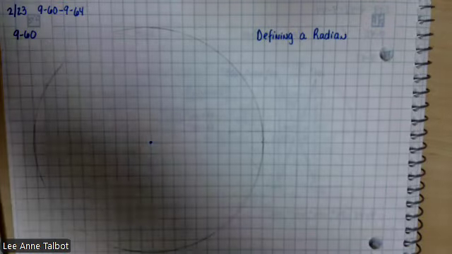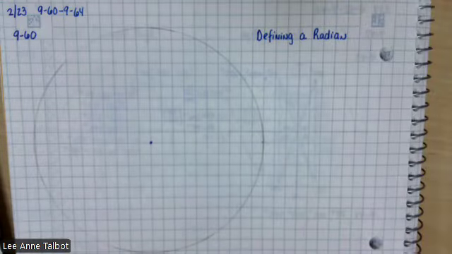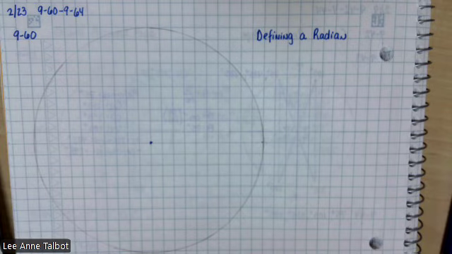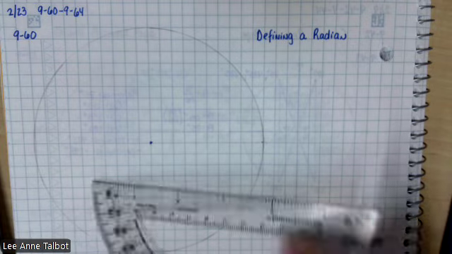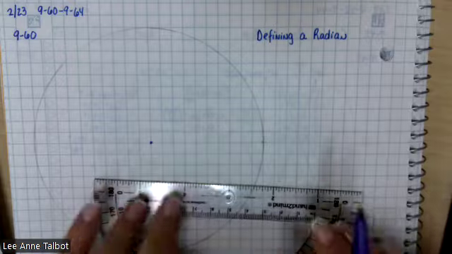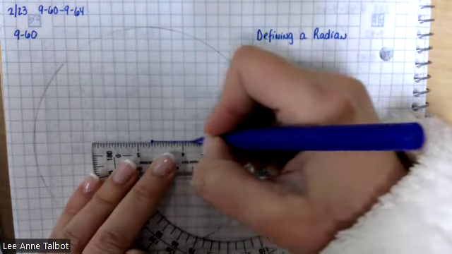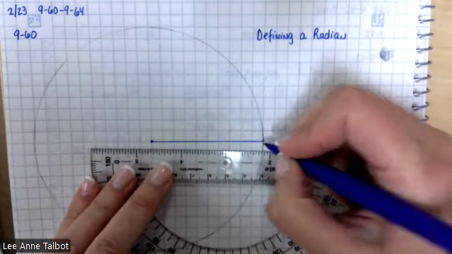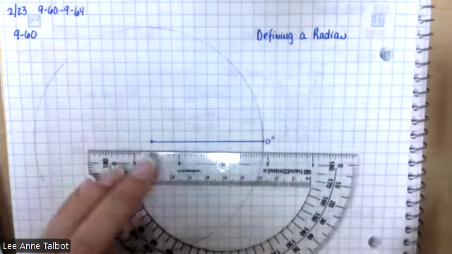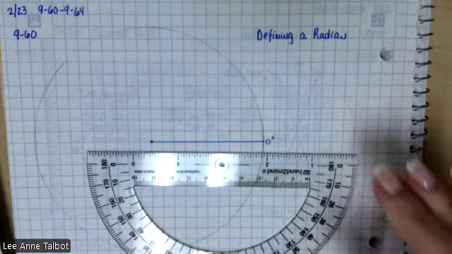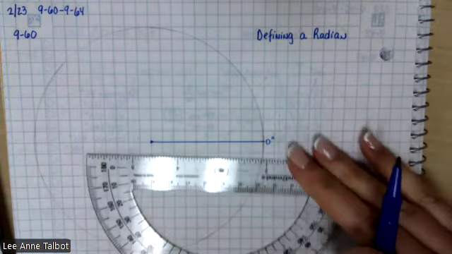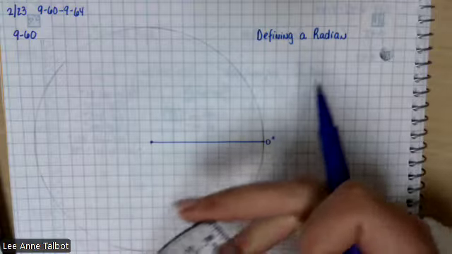You get to see me struggle. It's going to be great. The first thing I want to do is draw in the radius of my circle. I'm going to draw the radius in at 0 degrees. I want to start by relating this to degrees because that's something we all have an idea about.